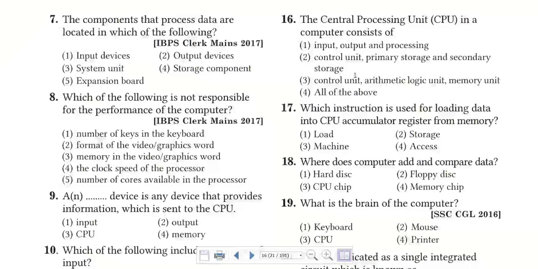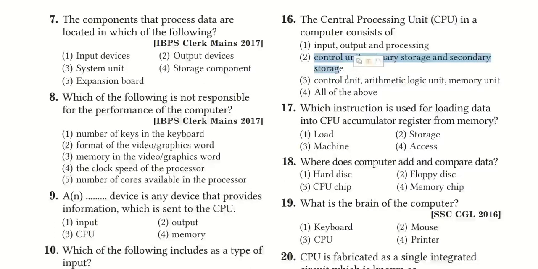The next question is the central processing unit in a computer consists of control unit, primary storage and secondary storage. CPU consists of control unit, primary storage and secondary storage.